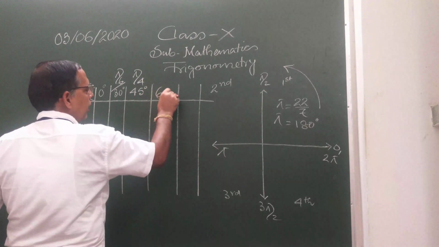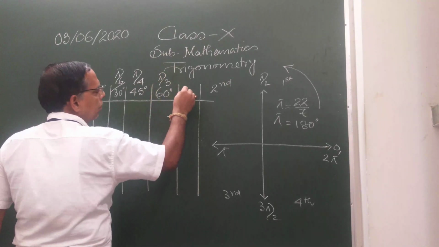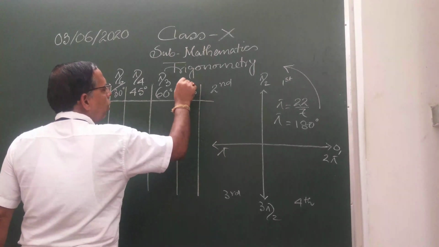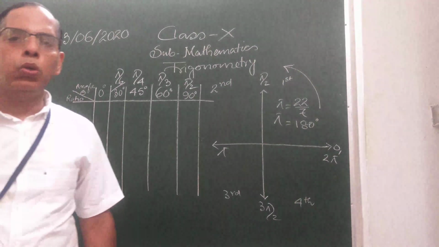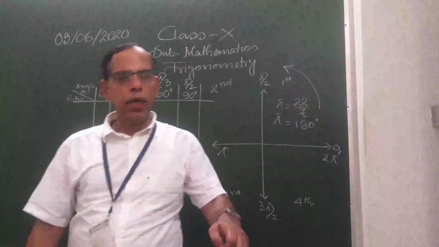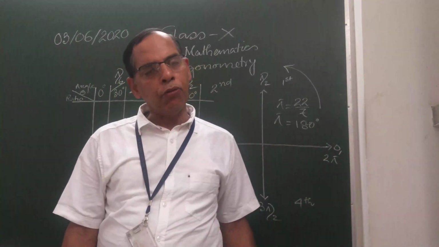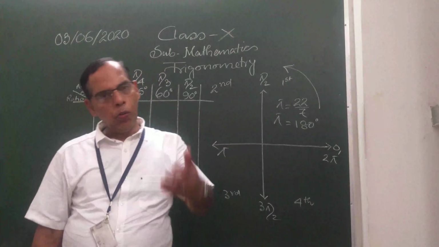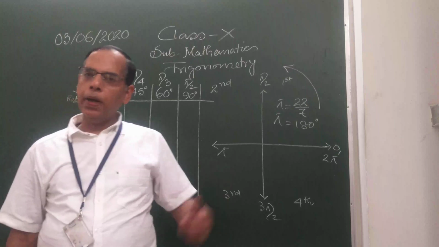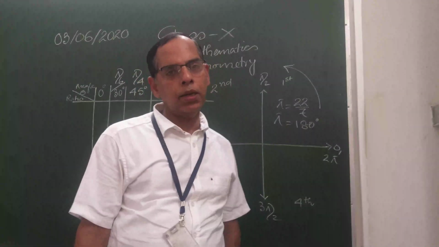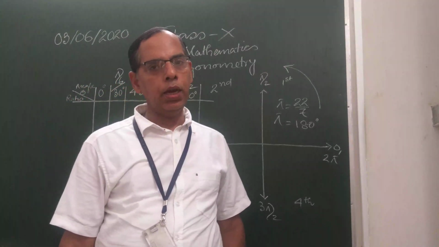Then 60 degree, or pi by 3. 90 degree, or pi by 2. So we can represent it in either of these two ways. 180 degree by 4 equal to 45 degree, 180 degree by 3 equal to 60 degree, 90 degree is pi by 2. Is it clear? Okay.